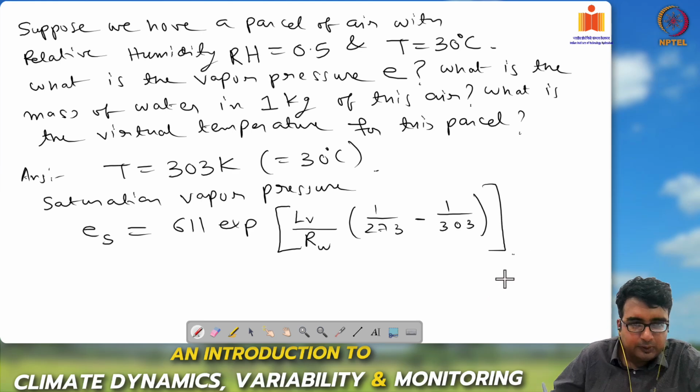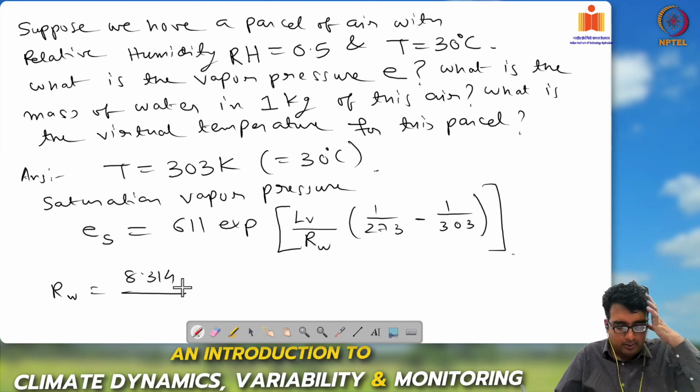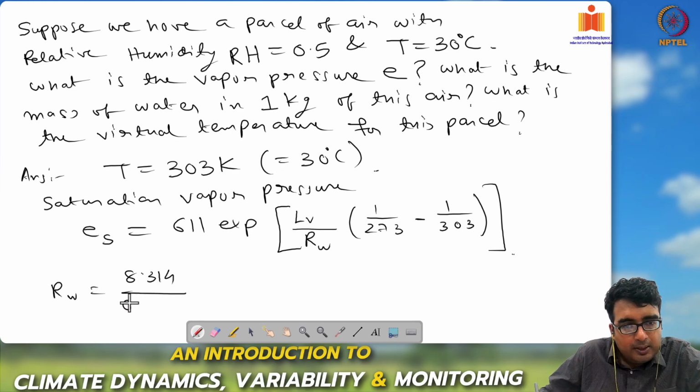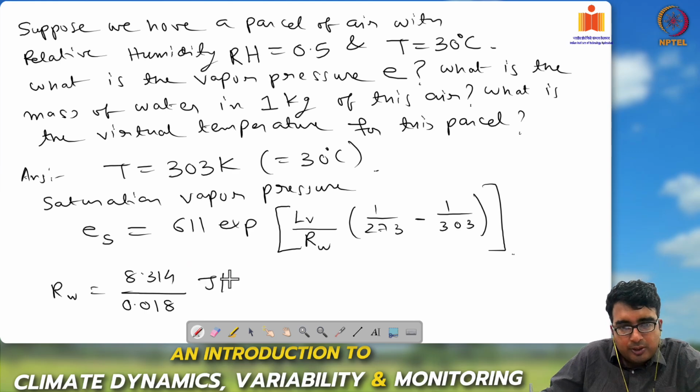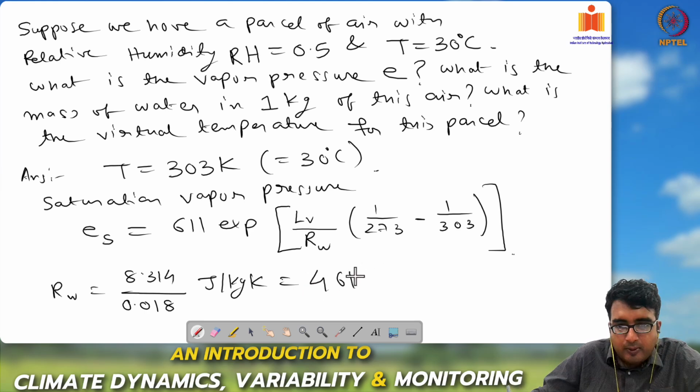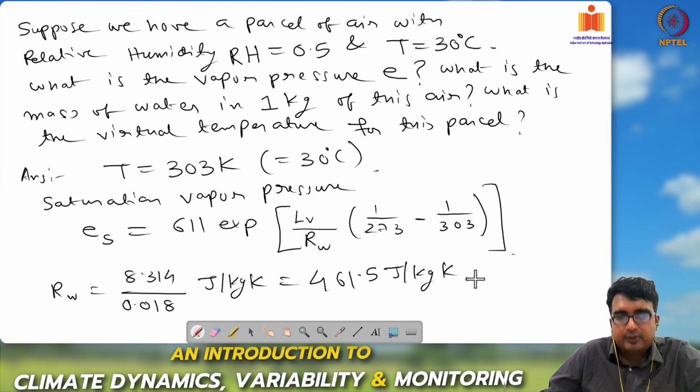Okay. Now R of water is 8.314, which is the universal gas constant, divided by 0.018 kg per mole Kelvin, and this is joules per mole Kelvin. So we get joules per kg Kelvin here, which is equal to 461.5 joules per kg Kelvin.